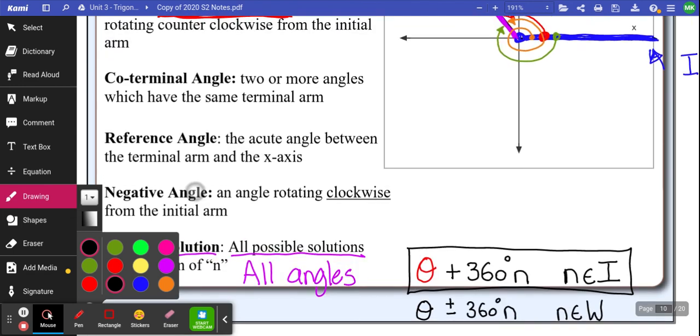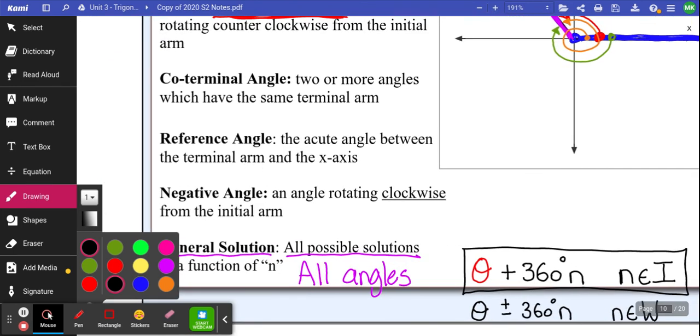Cool. Negative angles we've actually already talked about. The biggest one, which we have not discussed, is called a reference angle. Remember when we were building our unit circle and I said you have special triangles, like that 30-degree triangle all over the place in every quadrant. That was me referring to the reference angle of those terminal arms.